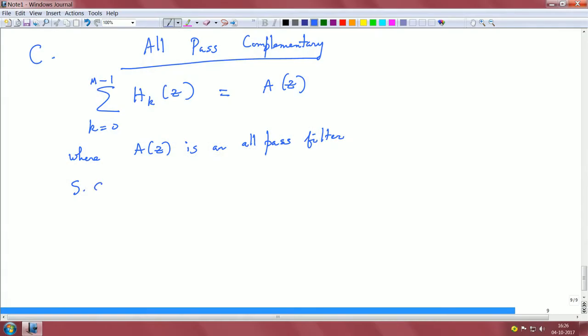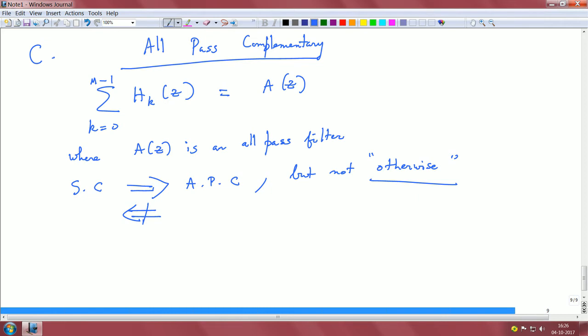Okay. Now, SC would imply all pass complementary, but not otherwise. Reverse direction is not implied.